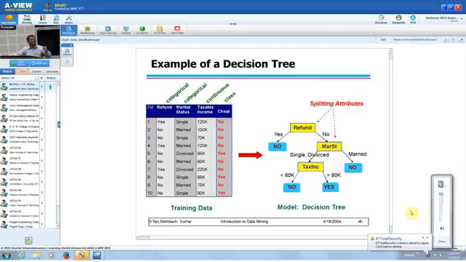Similarly, what is your marital status? Or are you married? That is a test condition. Again, what is your taxable income? Is it greater than 80 or not? Like that, any node, either at the root level or intermediate level, has a test condition. That is the first point.